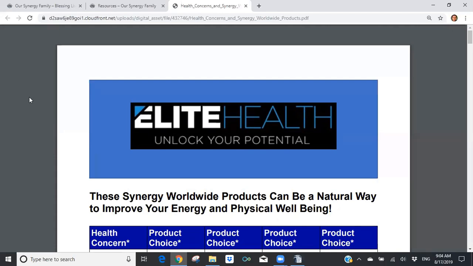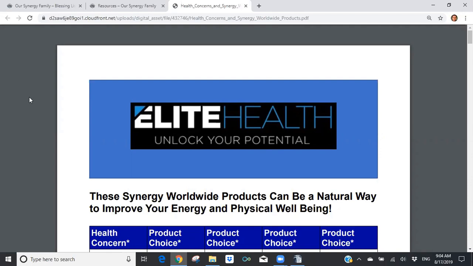And the first column would be the one that would be the dominant product from Synergy worldwide that would best match up to that health concern. And then choice number 2, or column number 2, would be the second product that would best match up to that health concern. And then column 3 would be the third, and column 4 would be the fourth product that would best match up to taking care of that health concern.